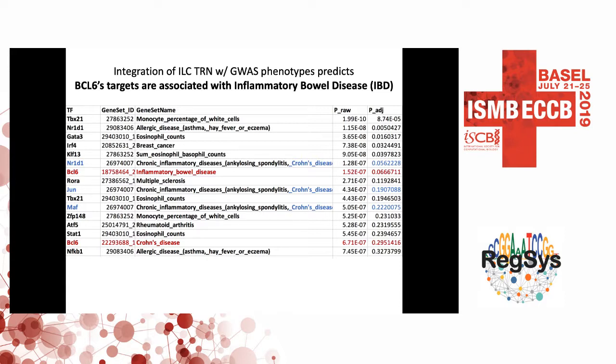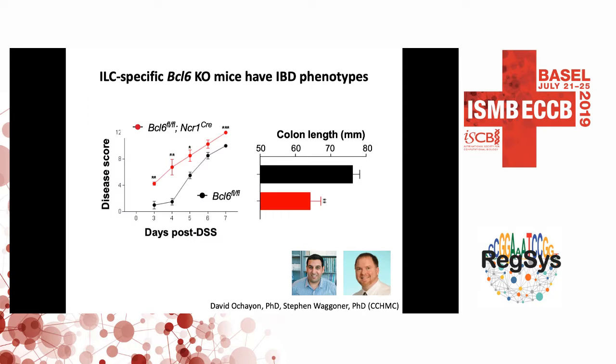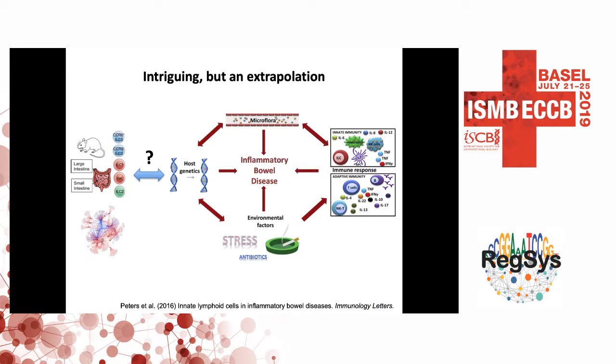What I found was that BCL6 targets were associated with inflammatory bowel disease, which is an autoimmune disease affecting the intestine. Interestingly, the ILC-specific BCL6 knockout mice that we used to validate the network had IBD phenotypes. For example, their colon length was shorter in the ILC-specific BCL6 knockout mice. So this was interesting and suggested that these networks of ILCs could be useful in thinking about human disease.